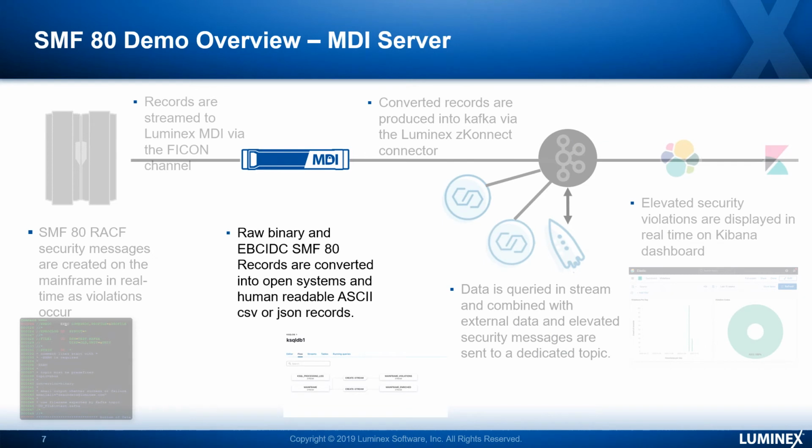Once the data is transmitted to the MDI, we take the raw binary data. This is an EBCDIC format that the SMF80 records are written in natively on the mainframe, and we convert them into open systems, make them readable in ASCII, and again, in the example we chose a couple of different file formats, CSV and JSON.